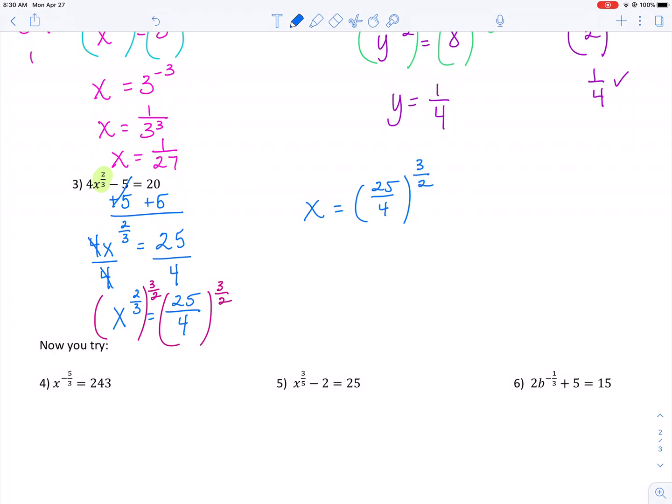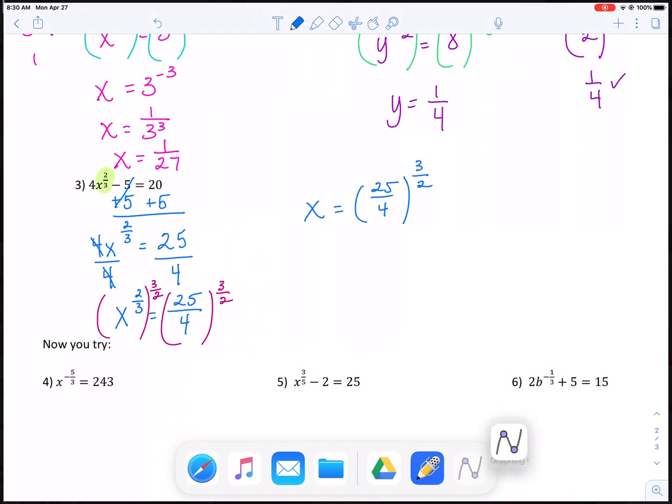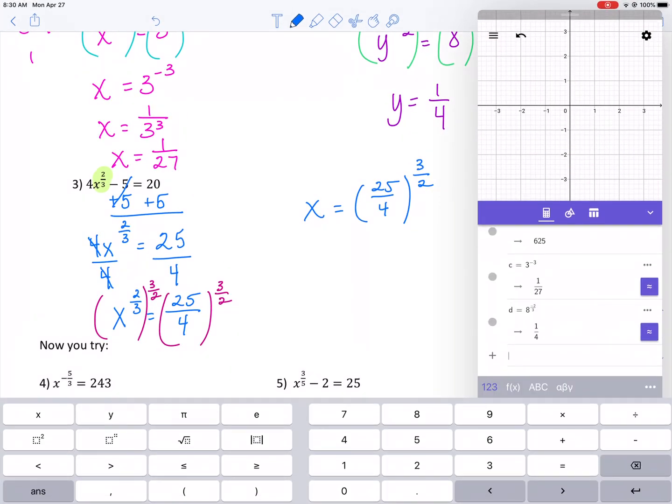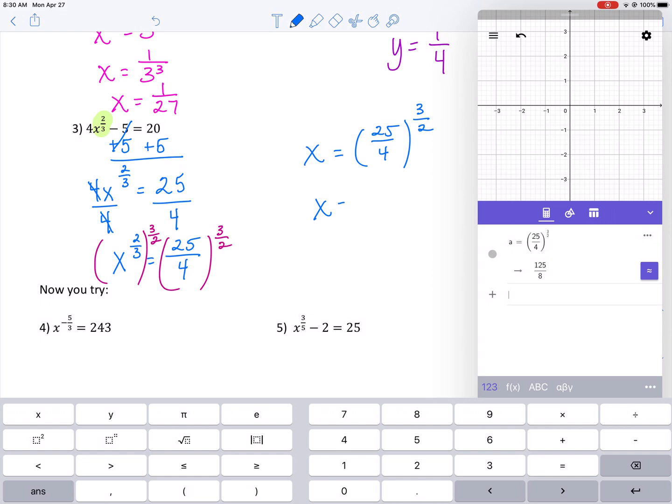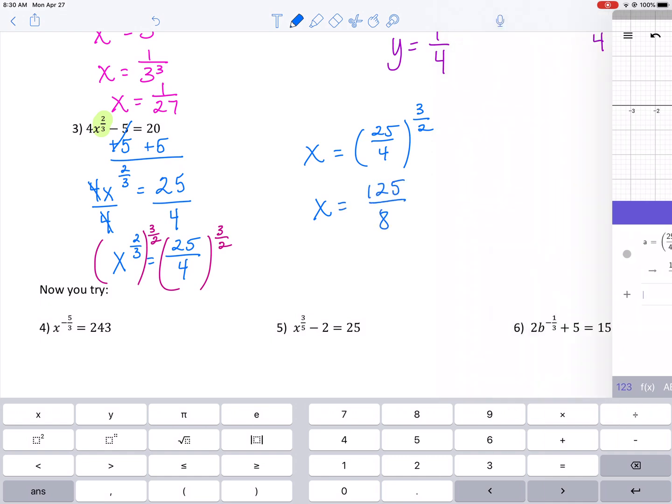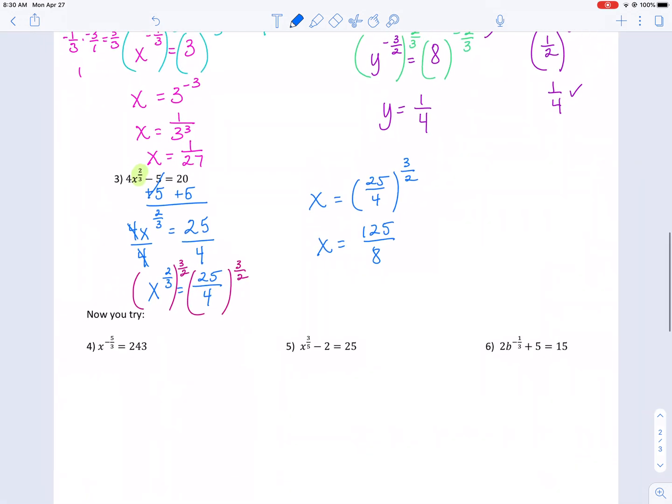Not a bad idea for you guys to go into your calculator. I'll clear everything out, and I'm going to take 25 divided by 4, and I'm going to raise it to the 3 divided by 2. And there you go. You get 125 over 8. X equals 125 over 8. And again, I could show you mathematically how you get that.